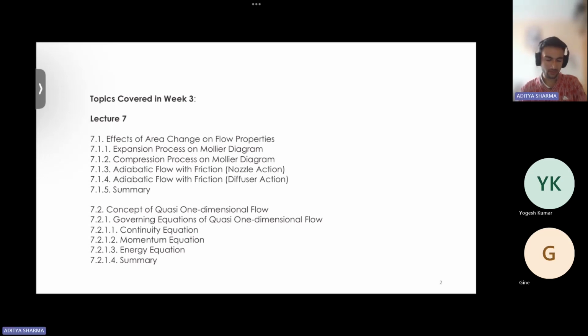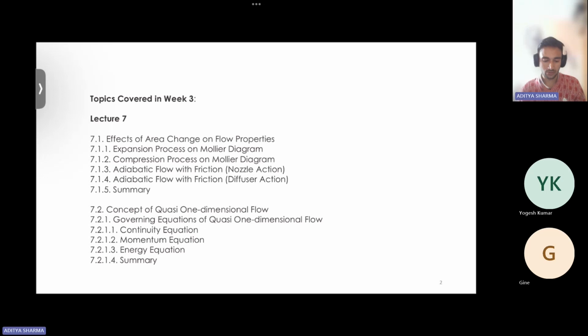Then a brief summary was given of this topic 7.1 that I have numbered. And then this concept of quasi one-dimensional flow was introduced, and the governing equations linked to these were presented.